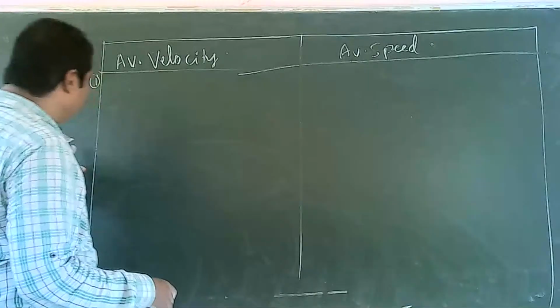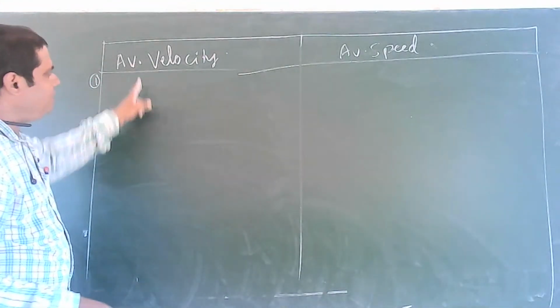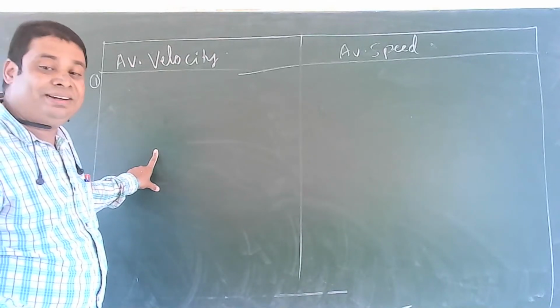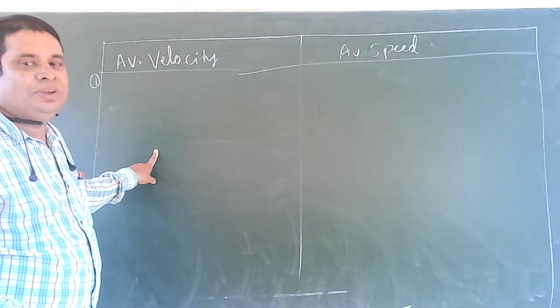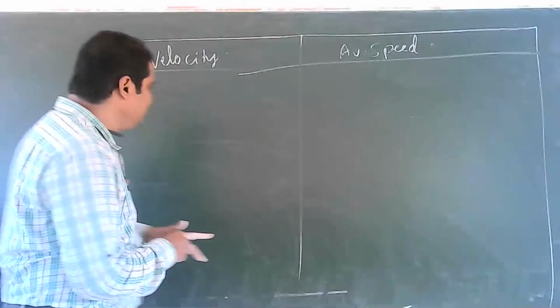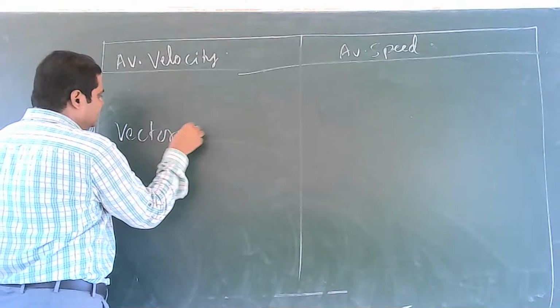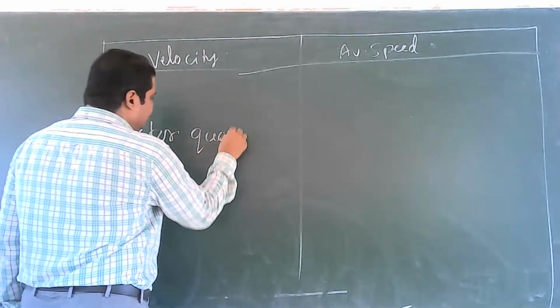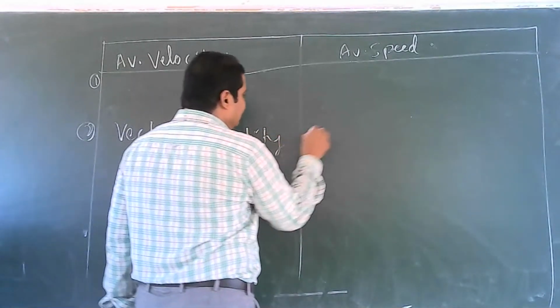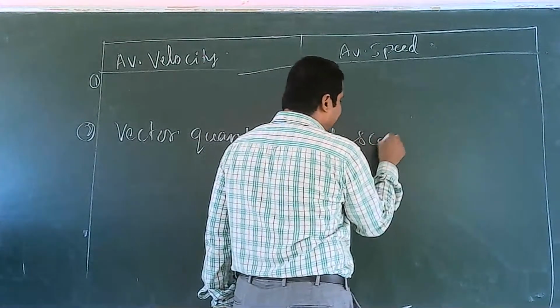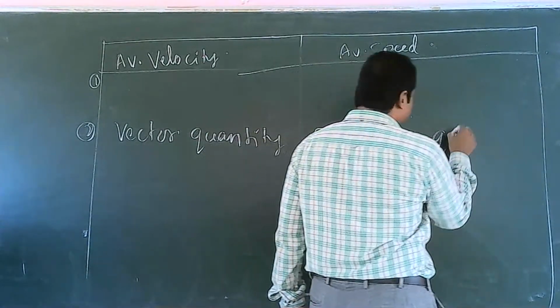Second thing: velocity is a vector quantity, while average speed is a scalar quantity.